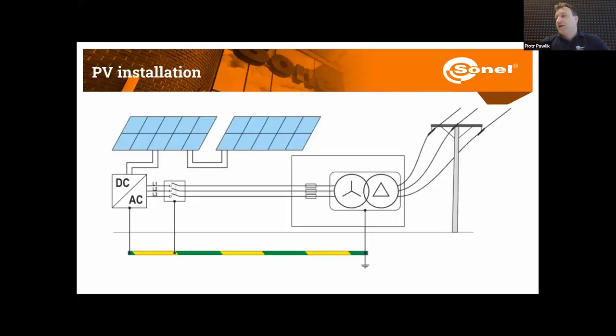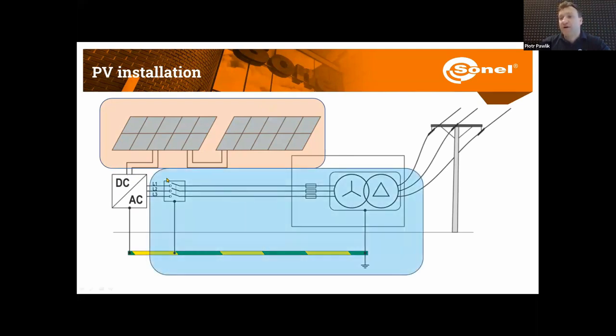Okay, so this is how the photovoltaic installations look. As we follow the flow of the production of the energy, we have the DC part, from the photovoltaic panels all the way to the inverter. Then we have the AC part, from the inverter to the transformer, and then the energy is introduced to the electrical grid.